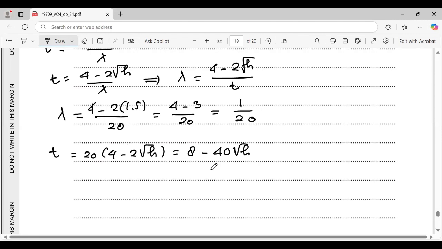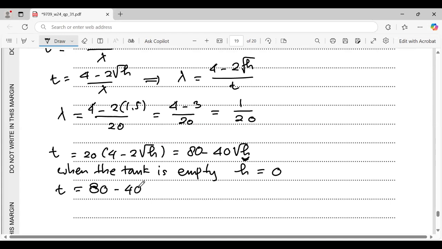And when the tank is empty, h equals 0. So t equals 80 minus 40 times 0, and it is 80 minutes. So that is the solution.